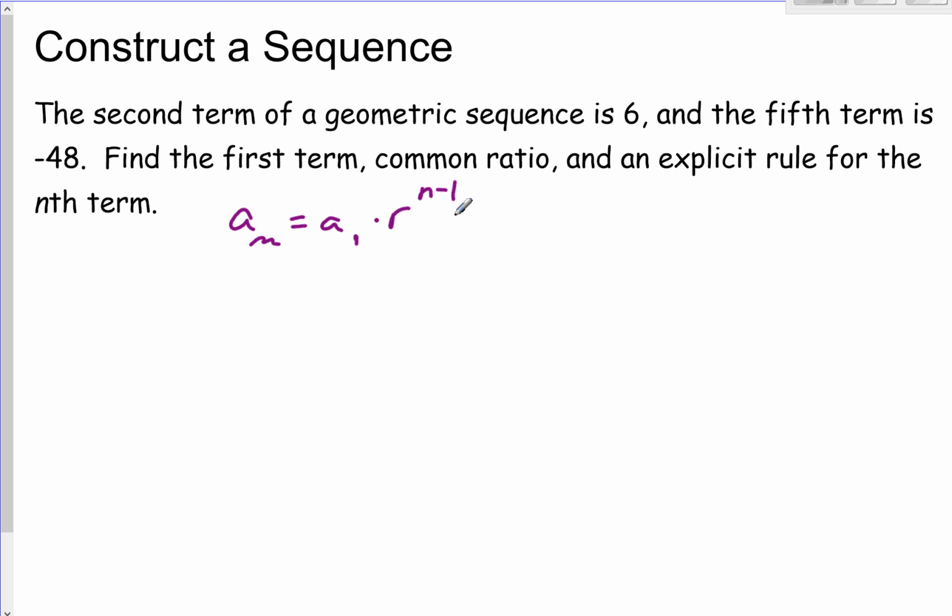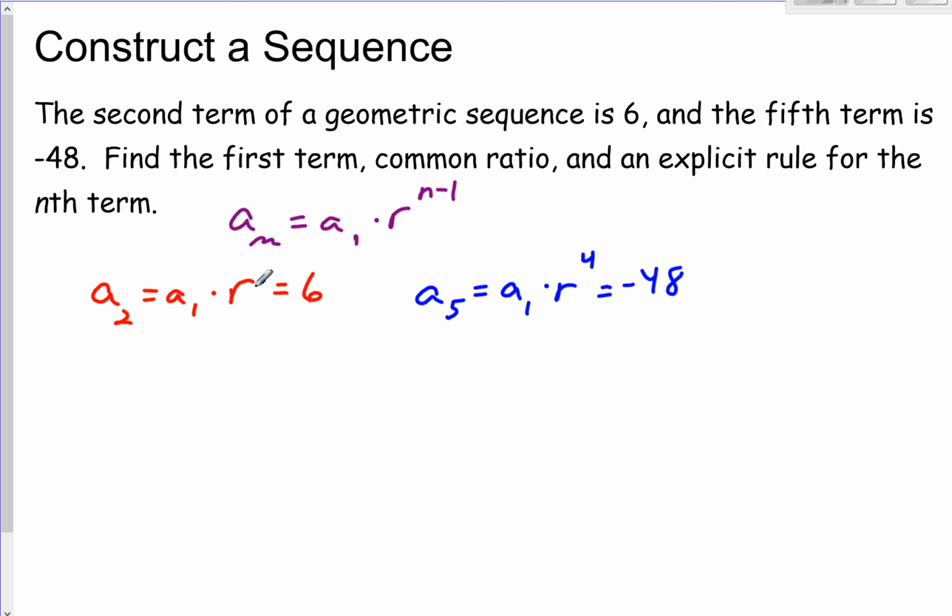Well, my explicit rule gets written this way. And what I can do then is I can set up a system. If I plug in my second term, well, A2 is A1 times whatever my common ratio is, to the 2 minus 1, which is 1, and I know that equals 6. Then A5 is my A1 times r to the 4th, which I know is negative 48.